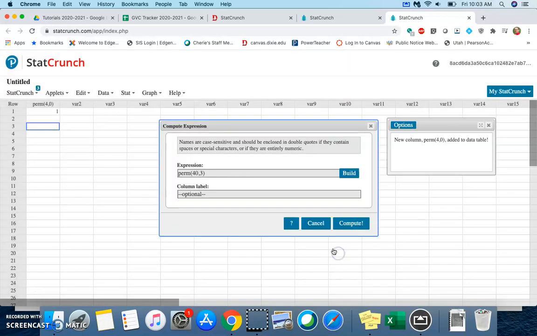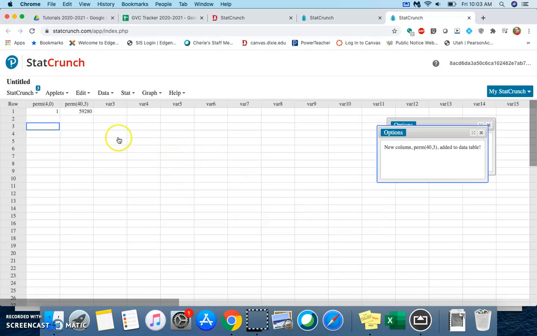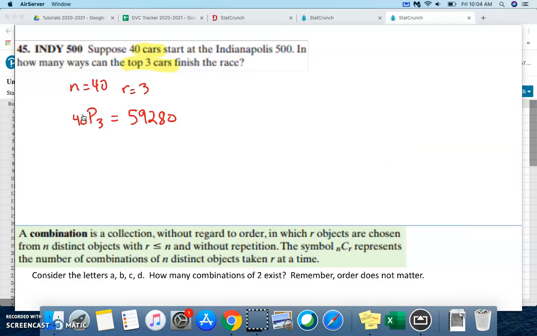Click OK and compute. So you get 59,280 different ways that you can do this. So 59,280 different outcomes that could occur with that top 3 finish.